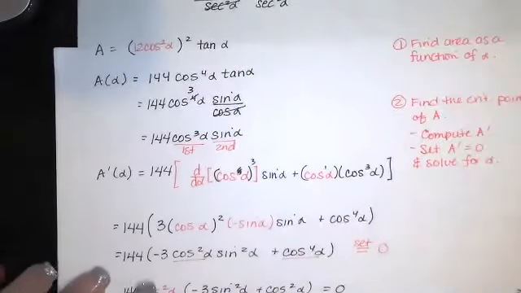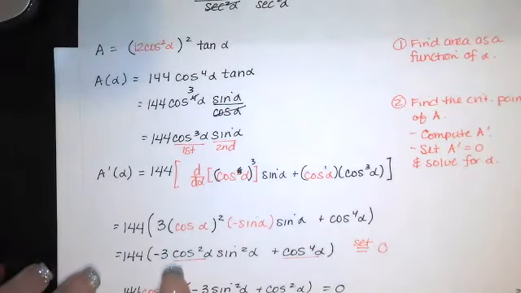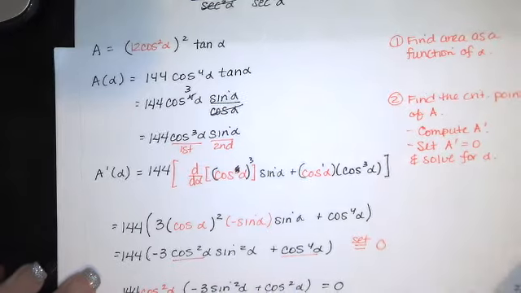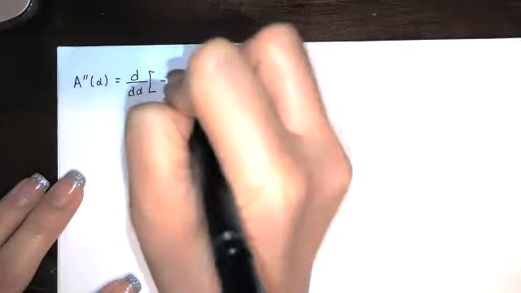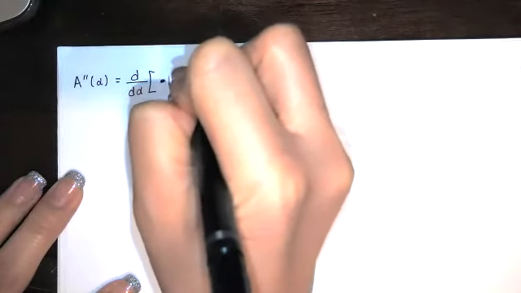We're finding a double prime now. That's the derivative with respect to alpha of something. And our function was 144 times negative 3 cosine squared alpha sine squared alpha plus cosine to the 4th of alpha. Oops, it's positive 144.